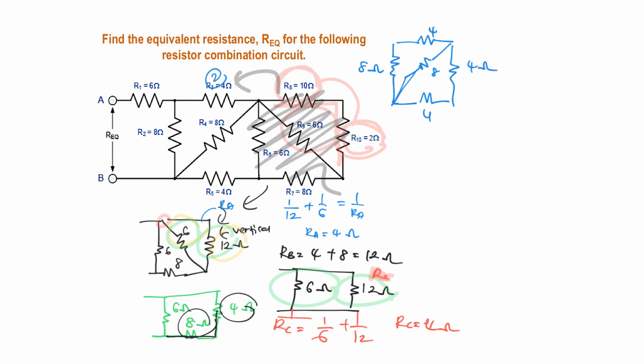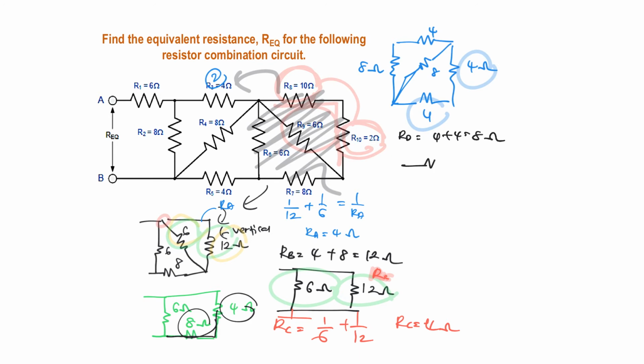From here you can see that this one and this one are in series. So 4 plus 4, you are going to get 8, and I put it as RD. 4 plus 4, you are going to get 8 ohms.